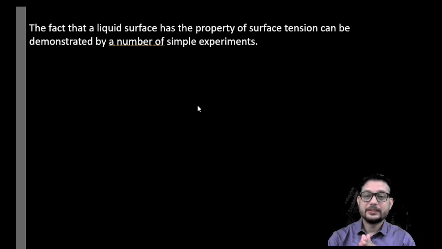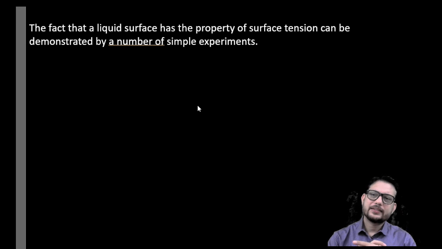But the molecule on the surface is in a region partly occupied by air molecules and partly by molecules of the liquid itself, so the force is asymmetrical in nature. I explained this in the previous lecture, and this is the major cause for the existence of surface tension.